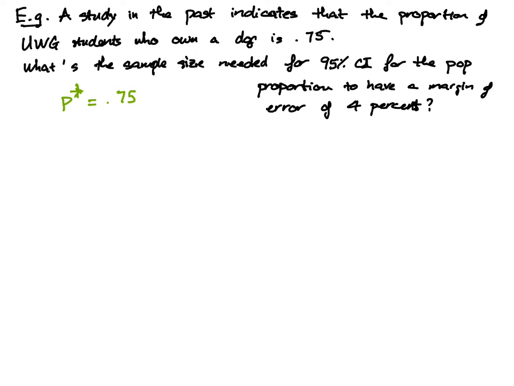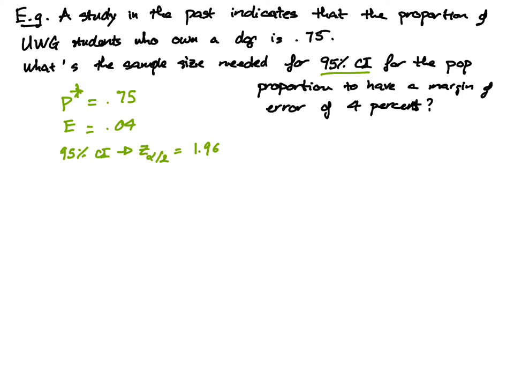We have a desired margin of error of 4%, so E is 4%, which is 0.04. And we're looking at the 95% confidence interval, so z sub alpha over 2 in this case is equal to 1.96.